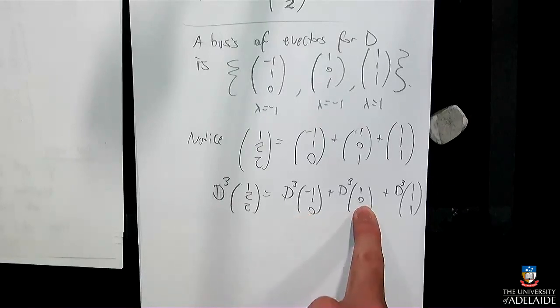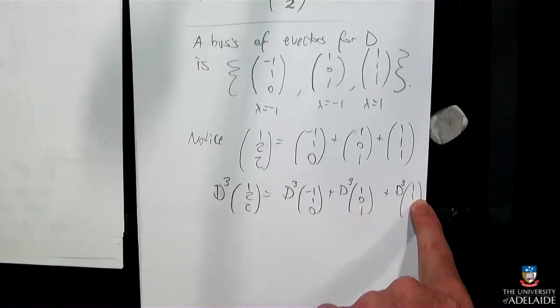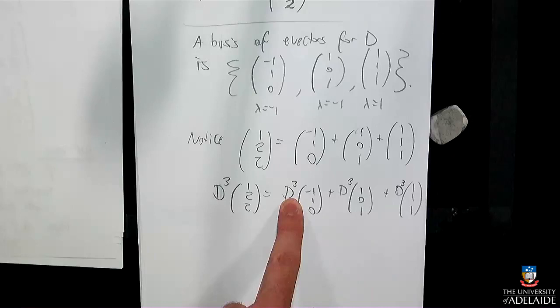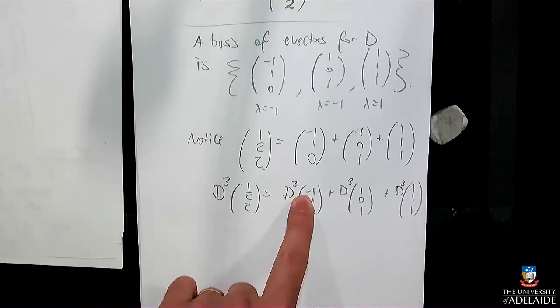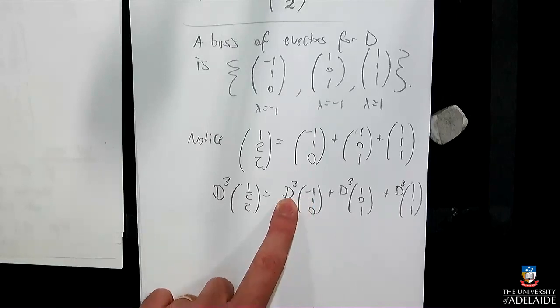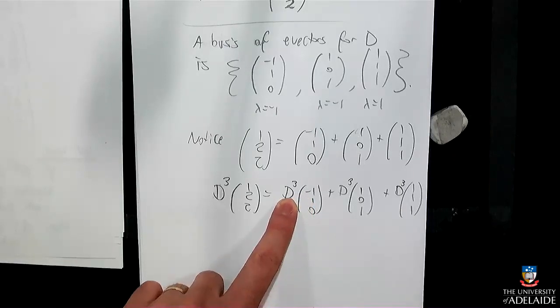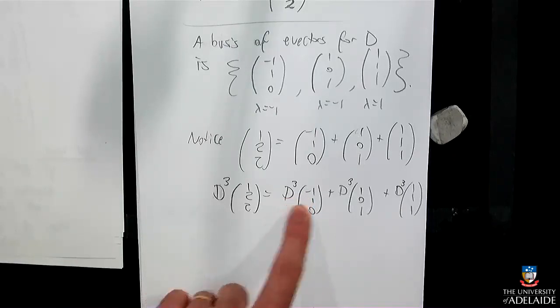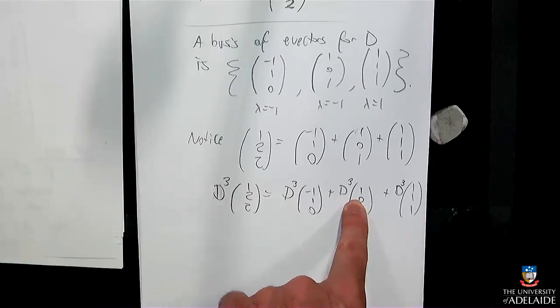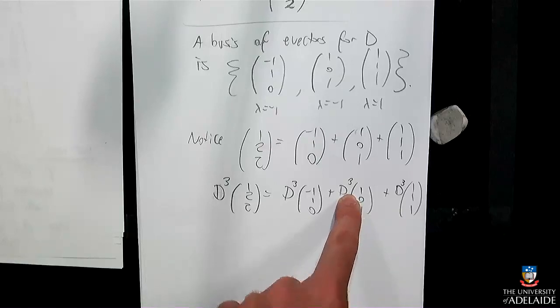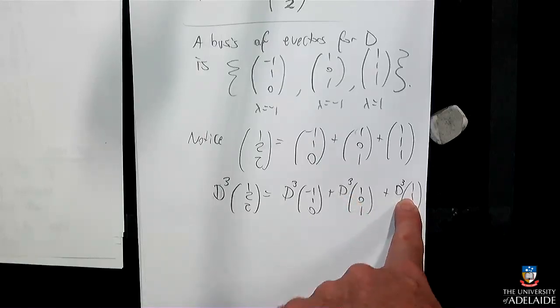And D times this is minus 1 times this, and D times this is 1 times this. If I times by D again, it'll times by another minus 1, and again another minus 1. And same with this one, but this time the eigenvalue is 1.